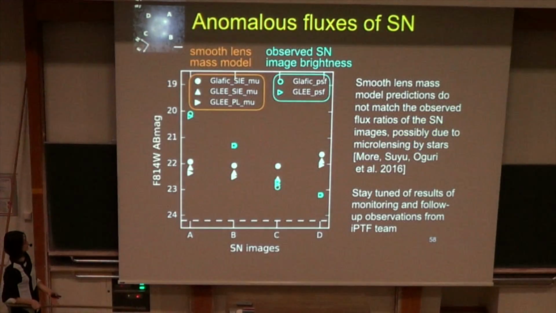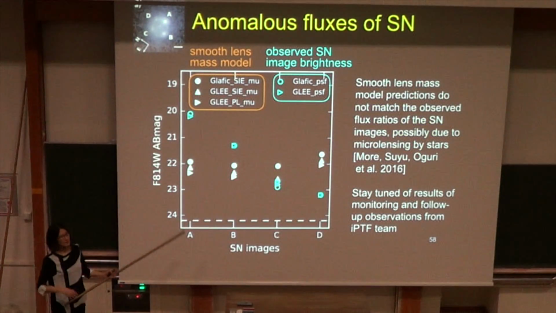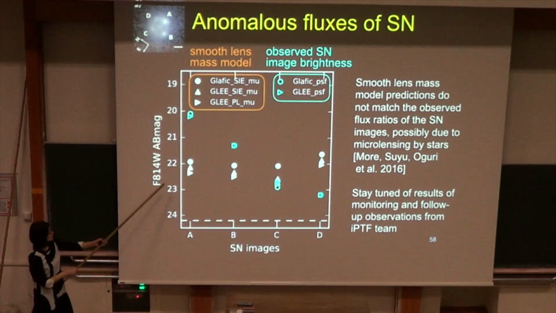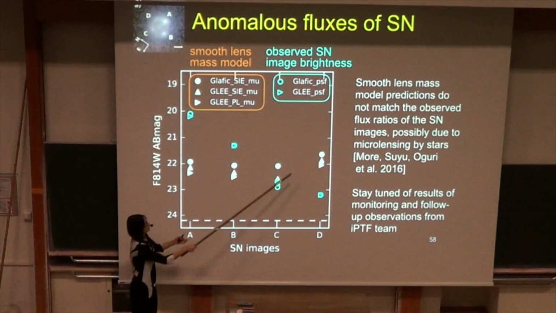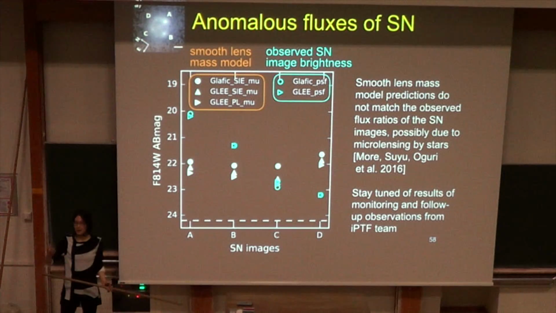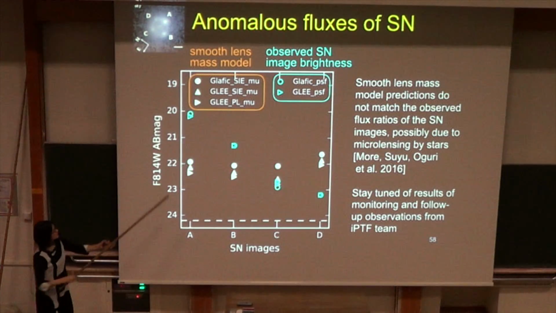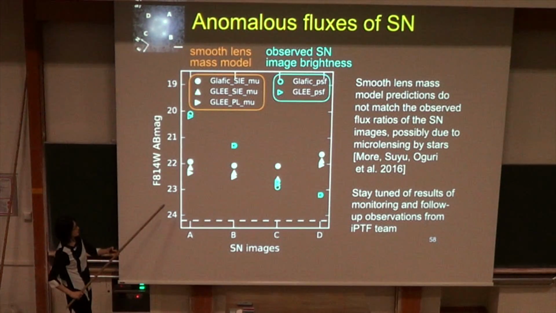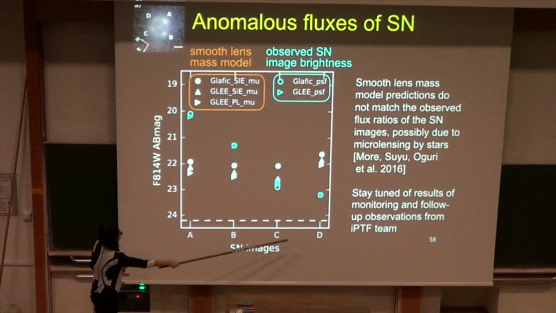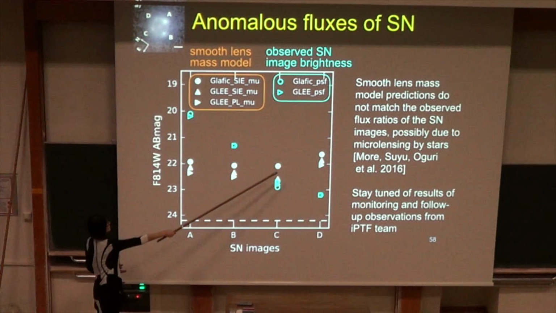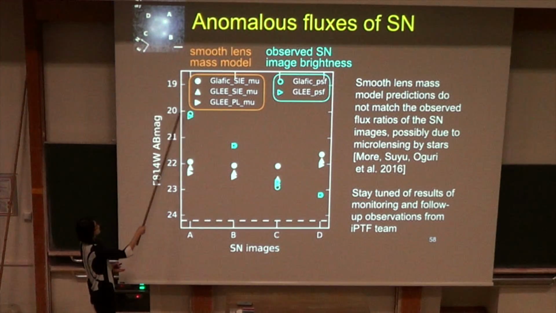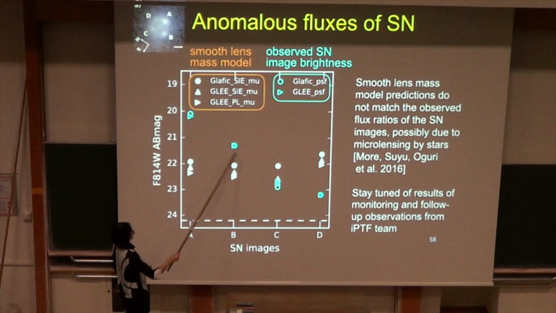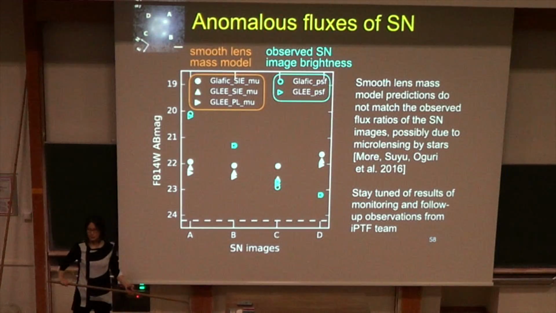Another peculiar feature we found was that the fluxes of the multiple images of the supernova predicted by our model, shown in the white solid circles, don't match what is observed, which is the open symbols here. These are the brightness and the magnitude of the four images A, B, C, and D. So the model predictions are white, and the open symbols are the observed.